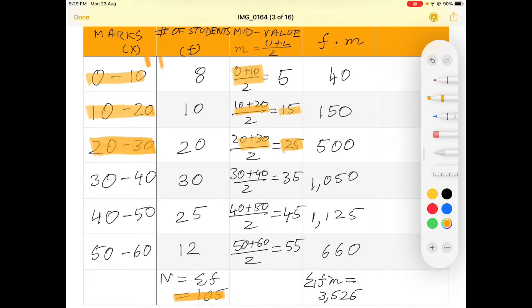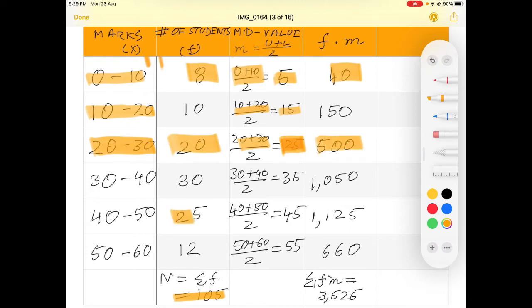The last step before we calculate the arithmetic mean is to calculate the frequency into the mid value for each class interval. So we take the mid value 5, multiply it with the frequency 8 to get 40. Similarly, I take the mid value 25, multiply it with 20 to get the f into m value 500.